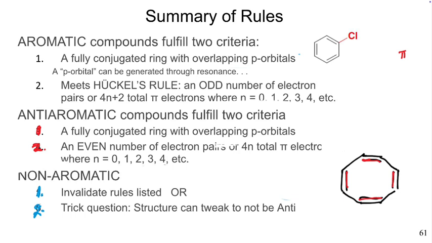So that structure would be considered anti-aromatic, except anti-aromatic is very unstable. Because it's a ring structure, and a large enough ring structure, what it ends up doing is puckering a little bit. And if we look at it from the side, it does this.